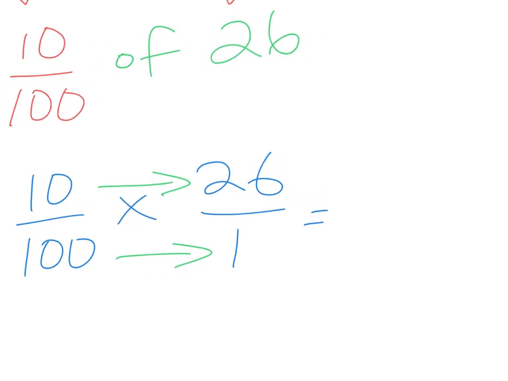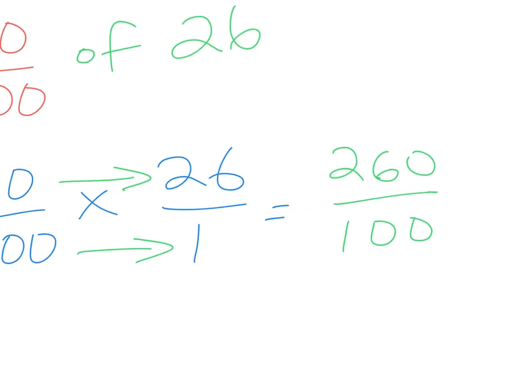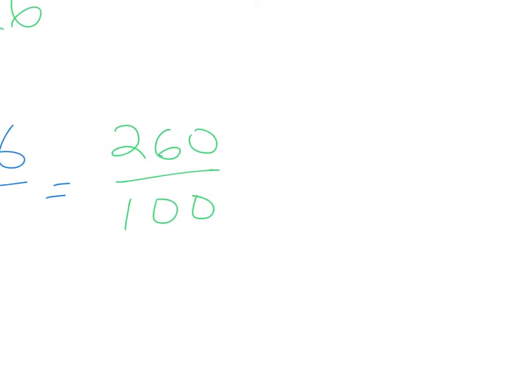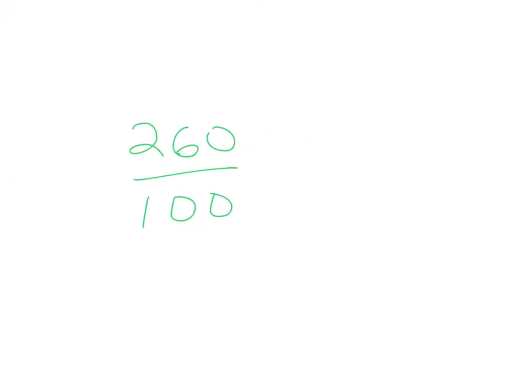So 10 would then be 260 over 100 times 1, 100. Perfect. Let's move this over here. Now, we're going to divide this right here. So let's divide 260 by 100.